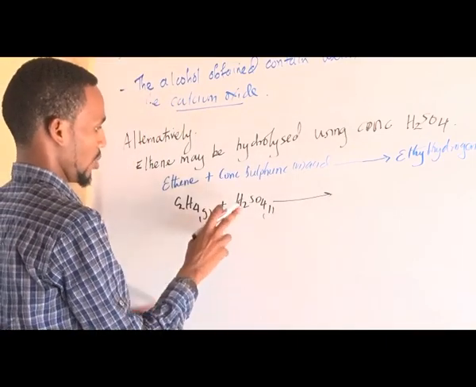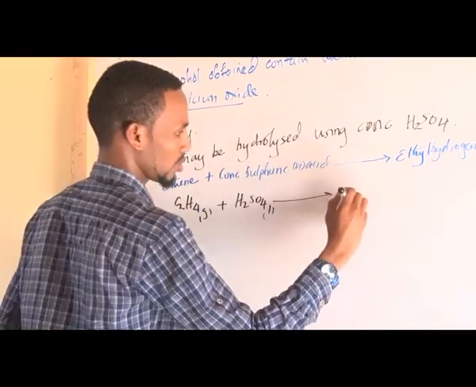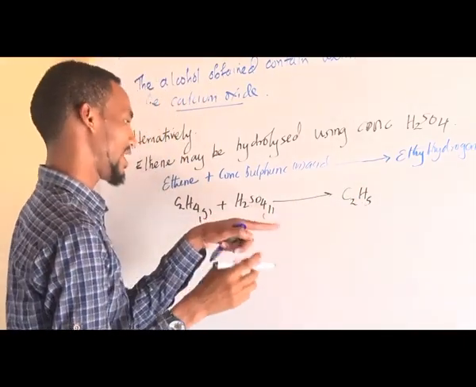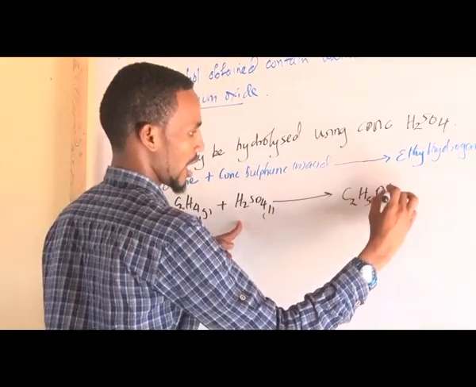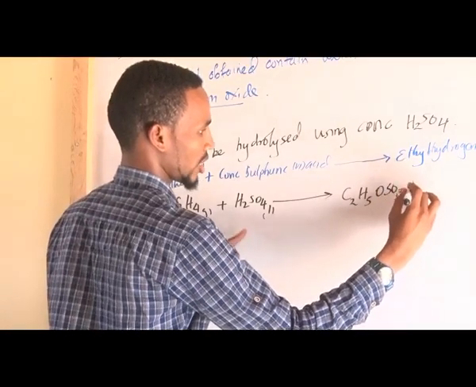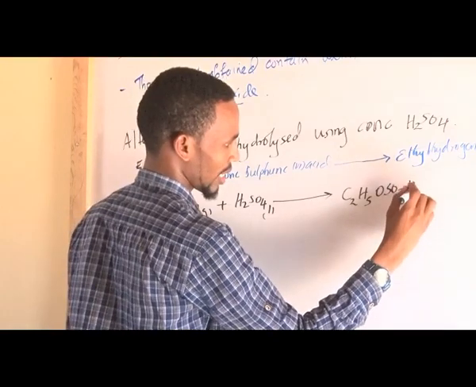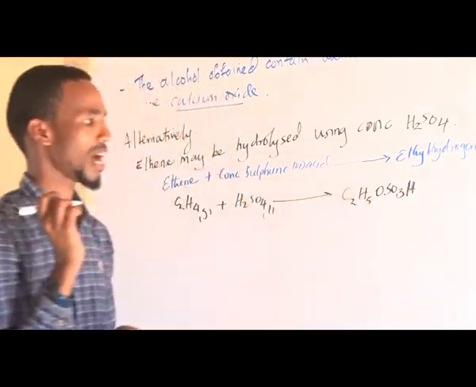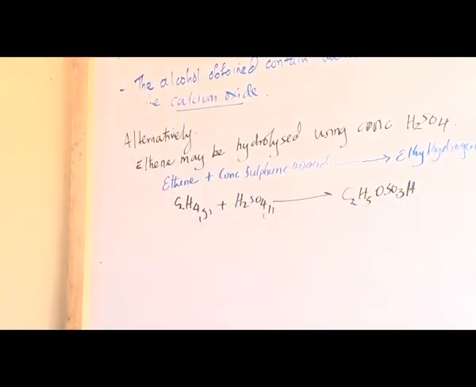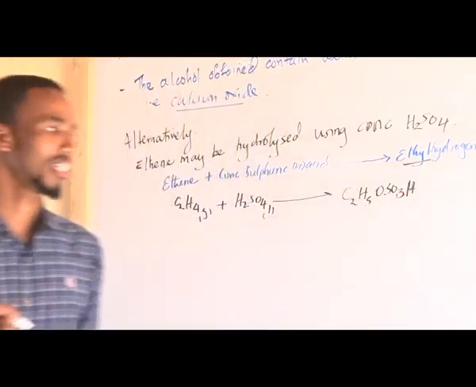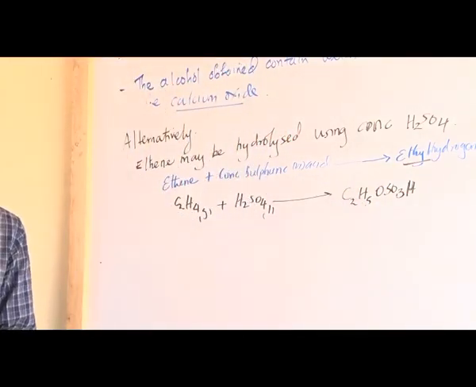C2, one of the hydrogen will come here, C2H5, then the sulfuric acid will rearrange, it will become OSO3H. Remember, we had two hydrogens from sulfuric acid. So one hydrogen will combine with the ethene and it will form ethyl, then hydrogen sulfate, ethyl hydrogen sulfate.